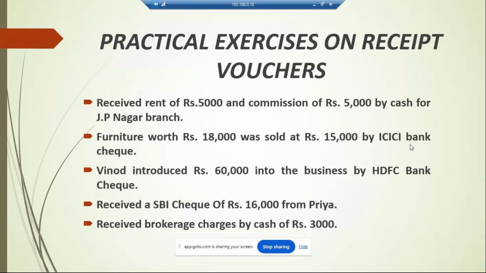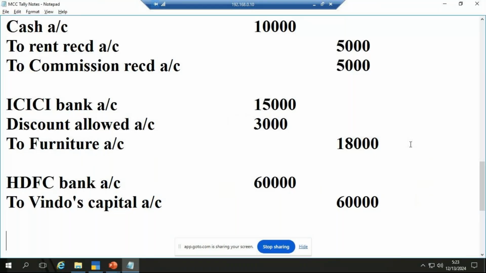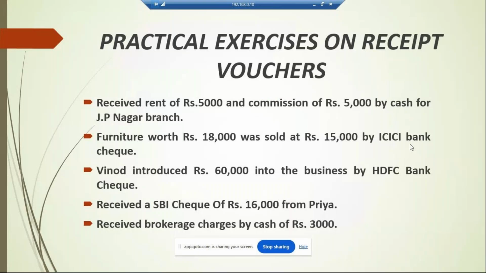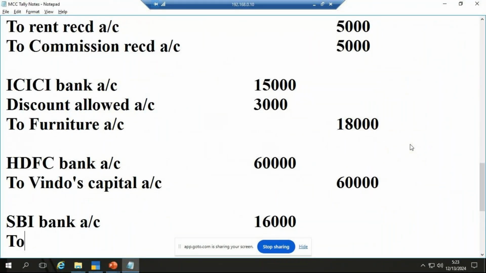Next, received SBI check of rupees 16,000 from Priya. So you can take here SBI bank account debit worth rupees 16,000 to Priya's account, 16,000.